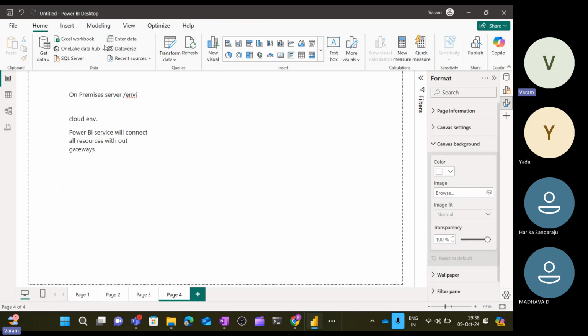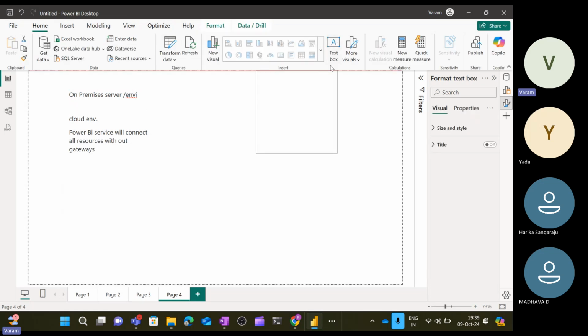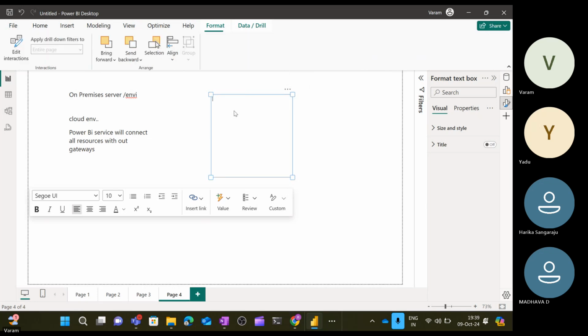So what exactly is the gateway? Let me explain what the gateway actually is. Let me increase the font size. If it comes to the gateway, guys, the gateway acts as a bridge.